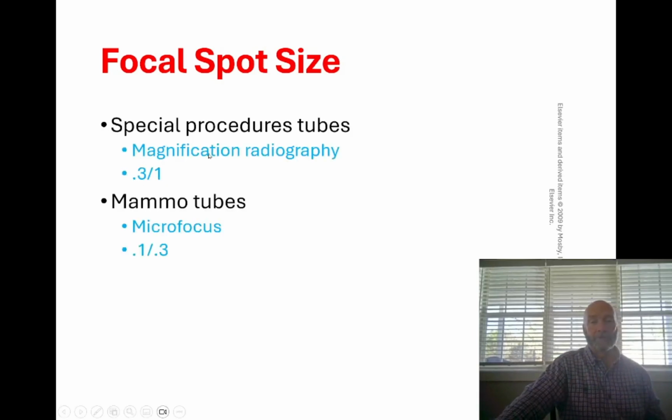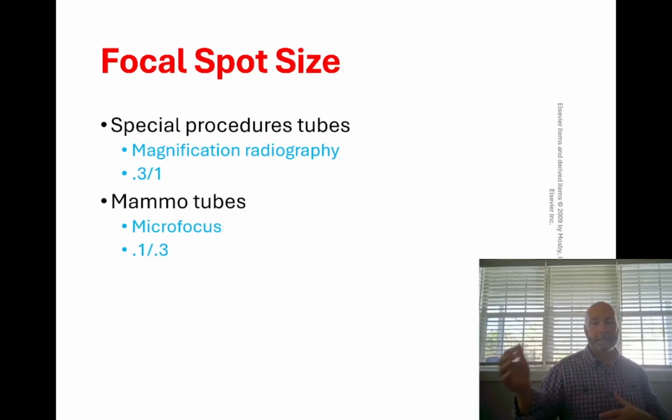So part of the reason for that is traditionally what we've used also is what we refer to as magnification radiography. In magnification radiography, what we used to have to do to get to magnification radiography is to increase our OID. So we have two distances that we utilize for the most part, really three, but two primarily.